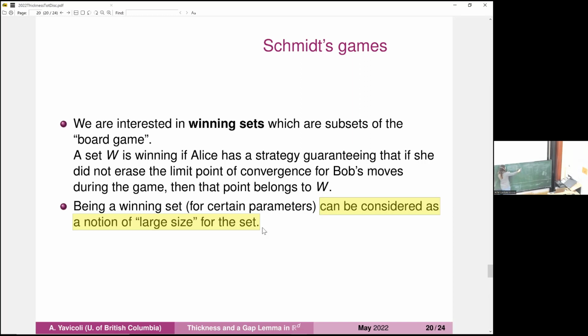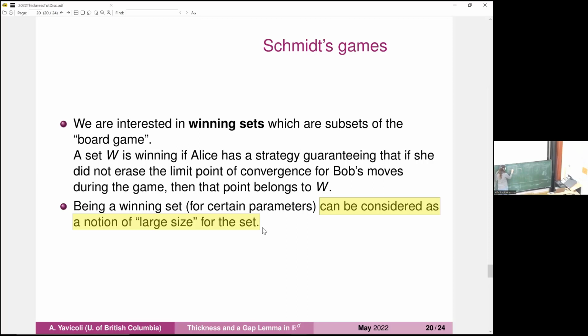When Bob plays the first ball, she erases this interval. In the next step, Bob can choose another ball of proportion 1/3. In any case, if Bob plays here, the game finishes and everything is fine. For Bob, it's convenient playing here or here to get the biggest set possible.